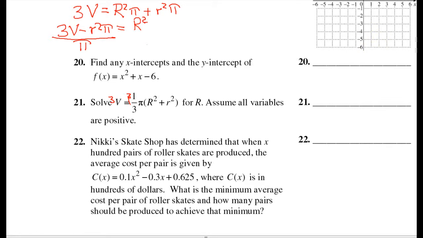And now to get rid of the squared, what I have to do is take the square root of this, and the square root of the other side, and then that will give me an r all by itself. And that is the solution for number 21.